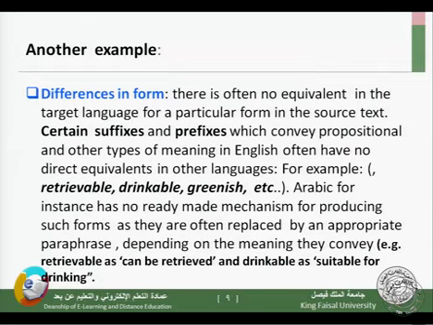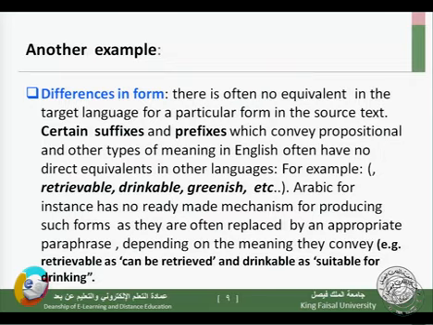If Arabic doesn't have a direct equivalent, it doesn't mean it has a lower status than English, or if English doesn't have a direct equivalent of a certain word, that it is lower than Arabic. No, this is the beauty of the language. You need to look at it like this. If there is no direct equivalent, then we have to do something about it to explain it to the other person.